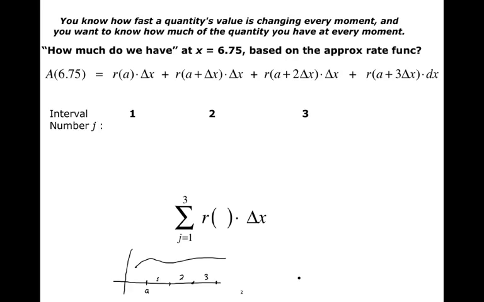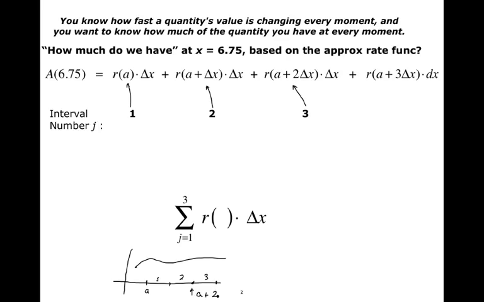Okay? So look, when we're in the first interval, our x value is a. When we're in the second interval, it's a plus delta x. When we're in the third interval, it's a plus 2 delta x. Because if we want the third interval, a plus 2 completed intervals gets us right there. Gets us to the left side of the third interval.